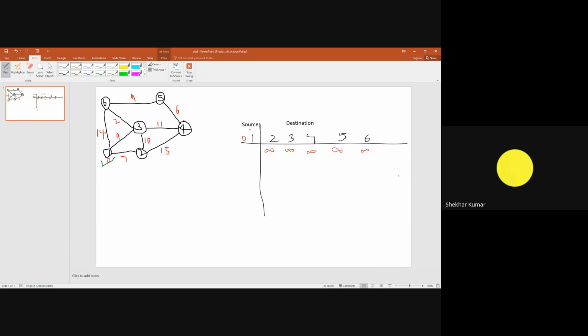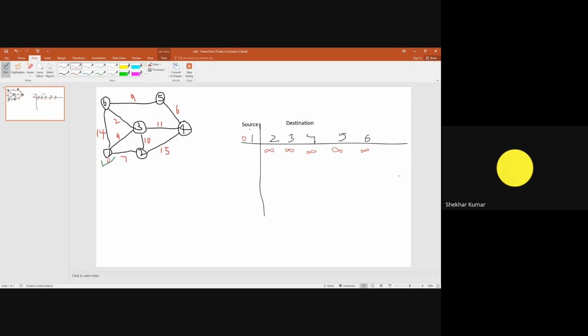Then we will set the unvisited node with the current smallest distance as the current node. Okay. The current source node is 1. Now we will go to the next unvisited node with minimum cost, with the smallest current distance.